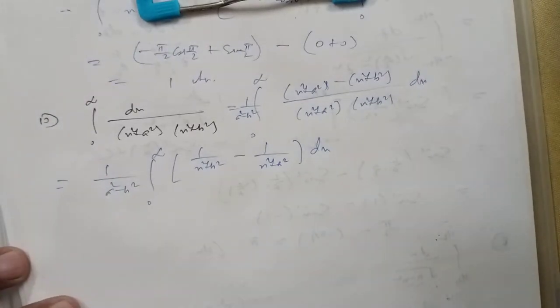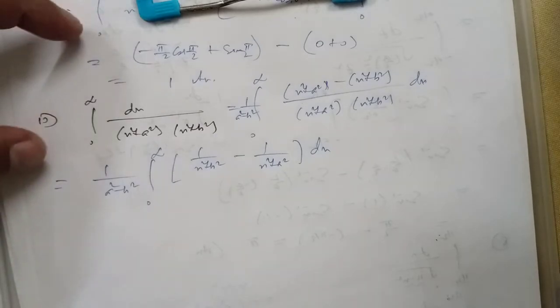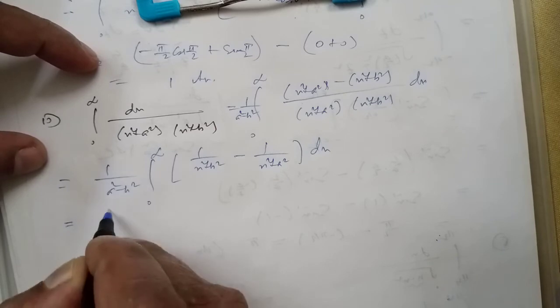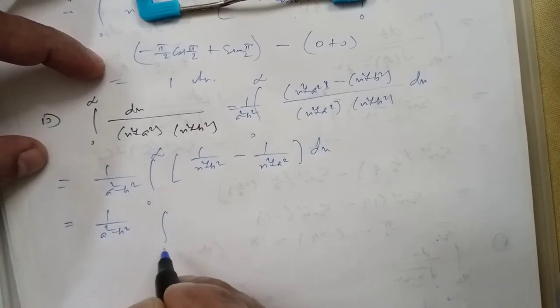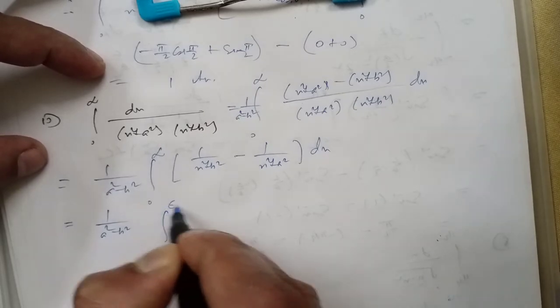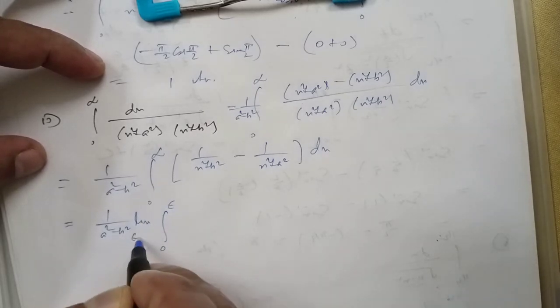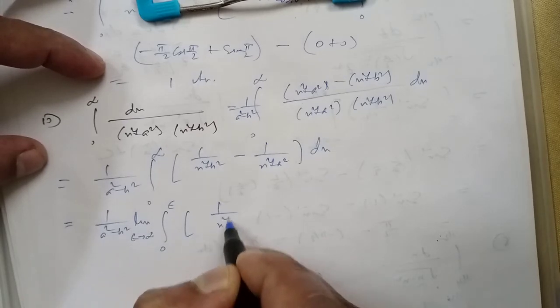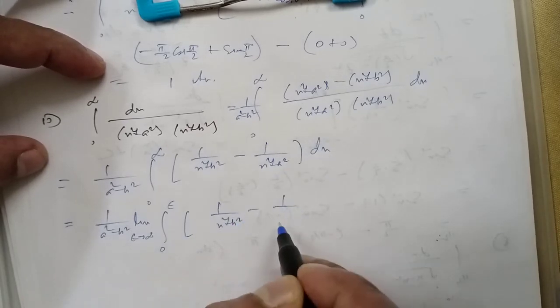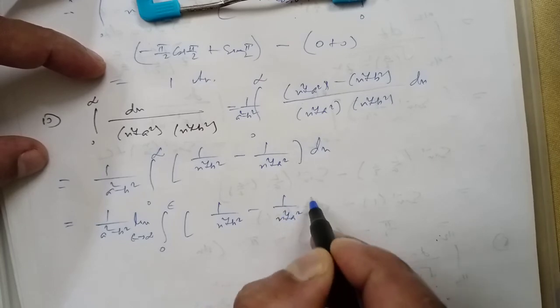Next, when infinity is involved in the limit of integration, you have to take the limit in this way. 1 by a square minus b square integration 0 to epsilon, and now here write limit epsilon tends to infinity, 1 by x square plus b square minus 1 by x square plus a square dx.